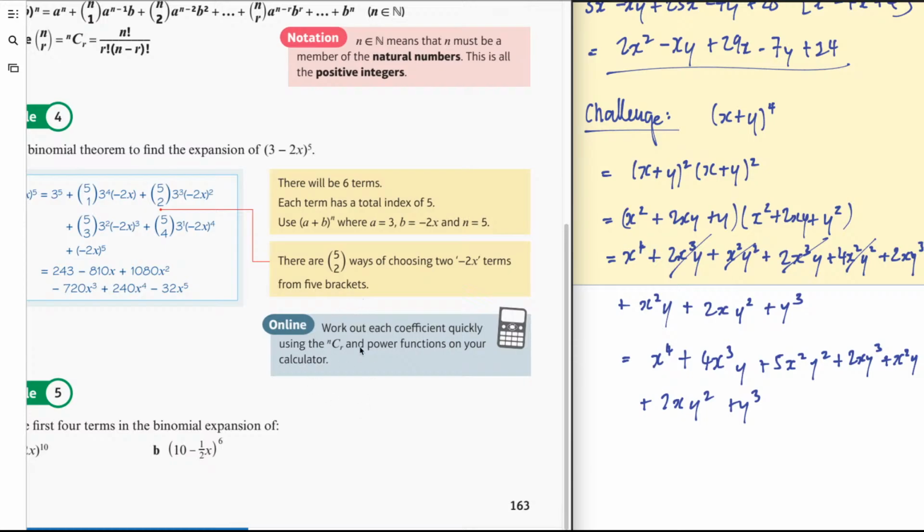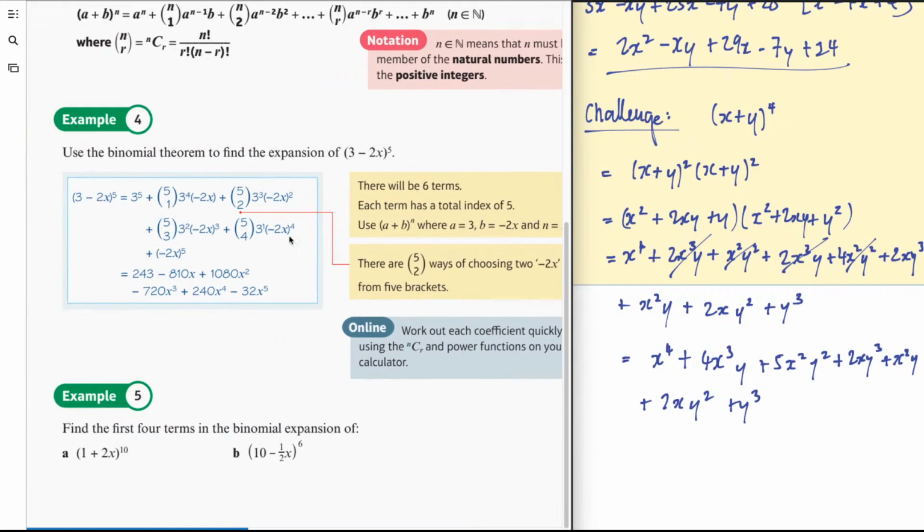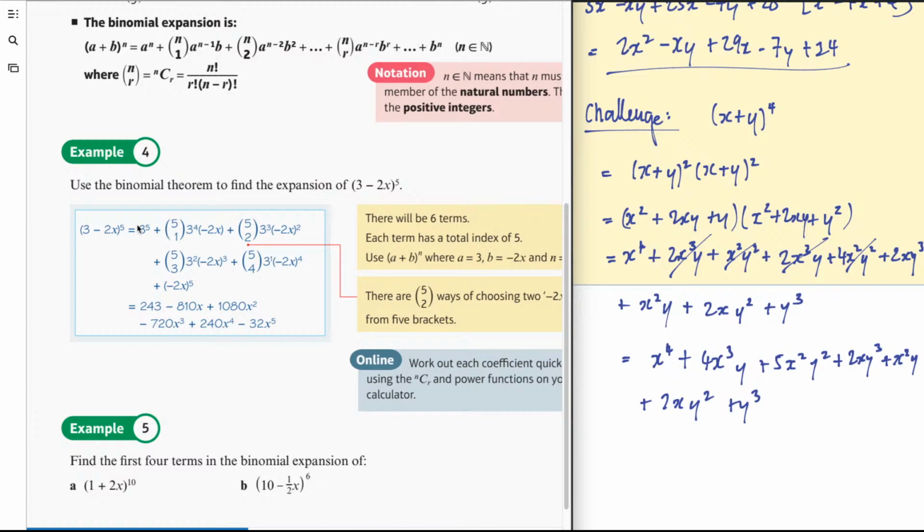And then down here it says to work out each coefficient quickly use the nCr and power functions on your calculator. Okay, so when you have the power of 5, you'd have 5 choose 1 plus 5 choose 2 plus 5 choose 3 plus 5 choose 4.